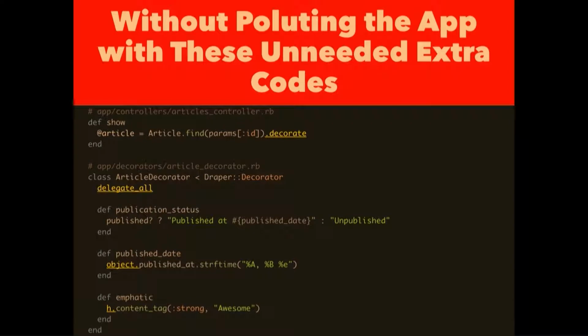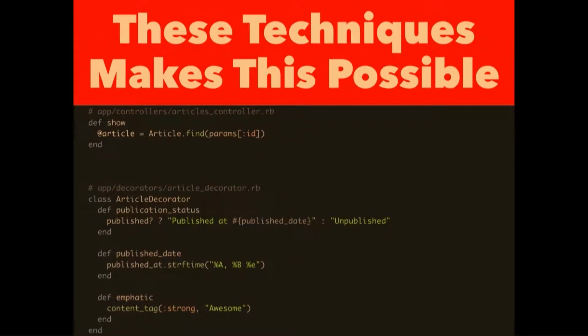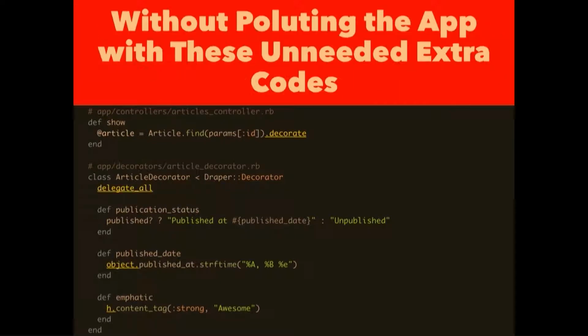But the Active Decorator version adds nothing like these. It's just well-known Rails code, right? So that's it. This is how Active Decorator adds some features to Rails applications automatically.